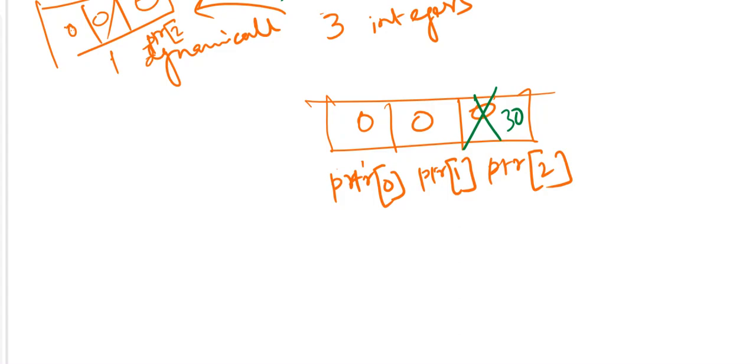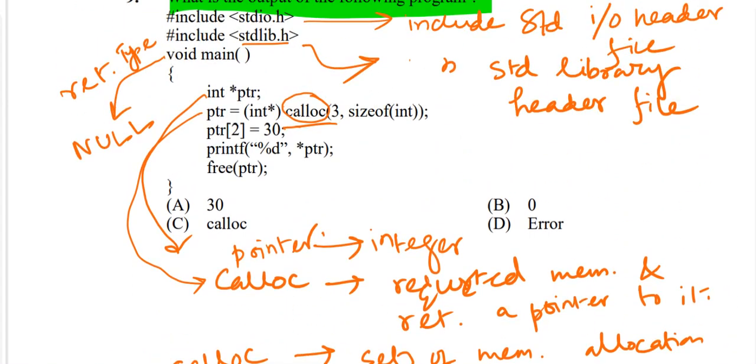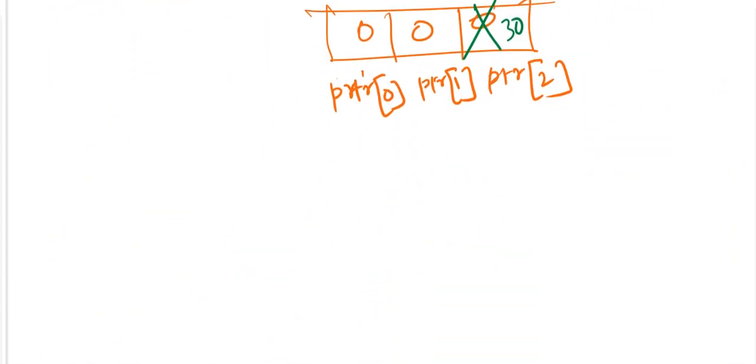So the array is dynamically allocated, and the next line, the final line, will print. This line will also be executed, and printf with %d and *ptr prints the value of the first element. Please note it down. What will the first element be? 0.